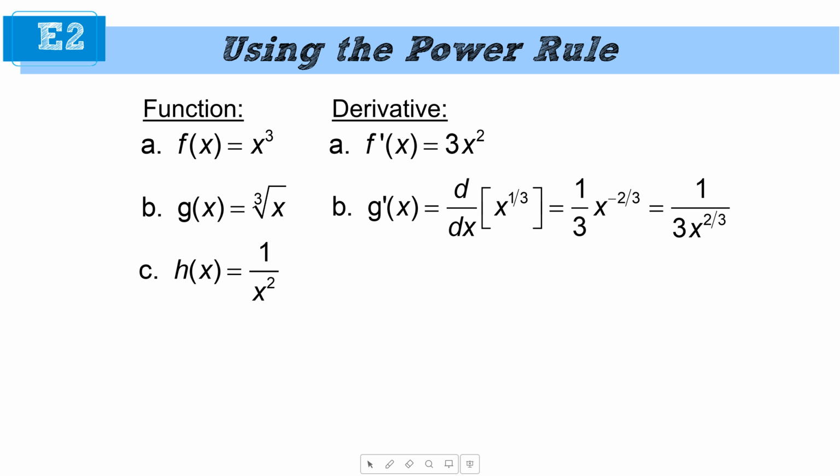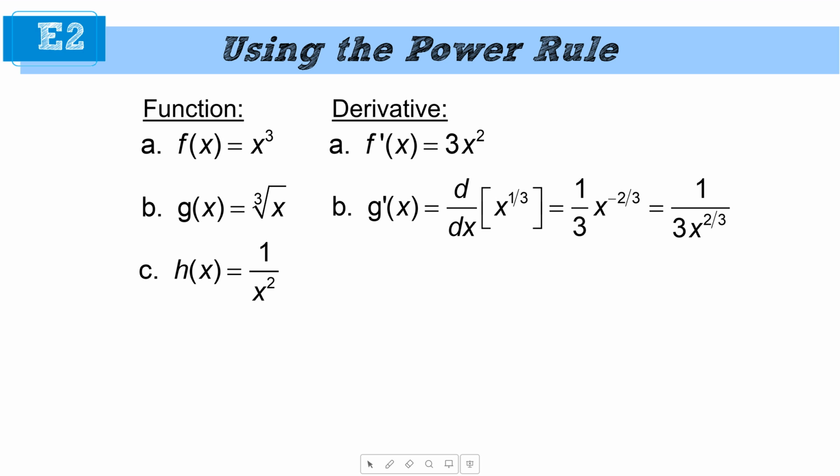You want to rewrite that first before you take the derivative? And what would that be if you rewrote it? X to the -2. I agree. Okay.